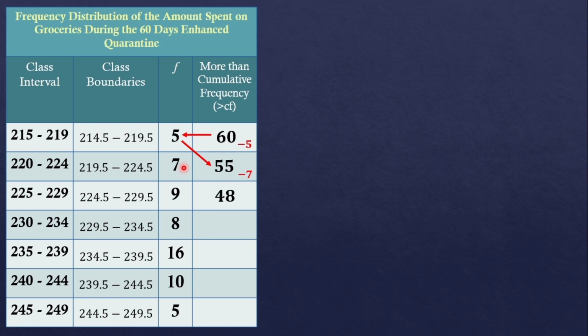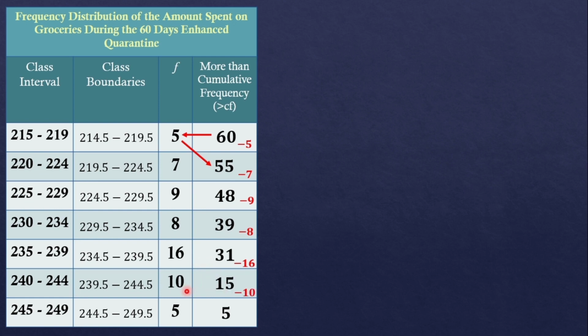Then, i-minus yung 48 sa 9. So, 48 minus 9, that is 39. 39 minus 8, that is 31. And then, 31 minus 16, that is 15. 15 minus 10, that is 5.